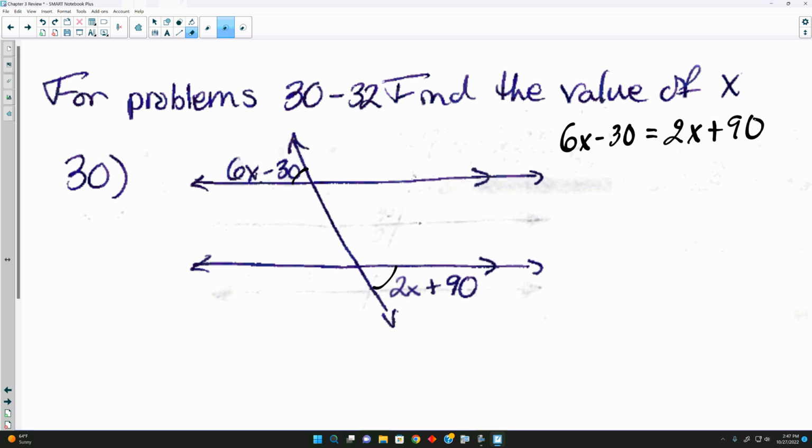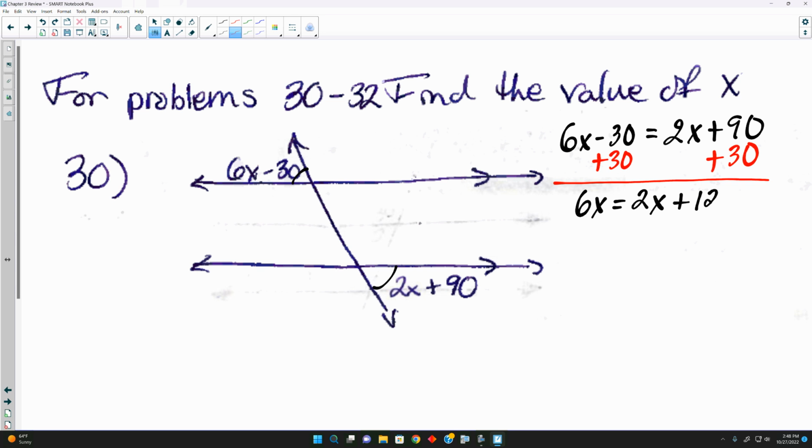Solve for the value of x. Yes, we can add 30 to both sides, which will tell us that 6x is equal to 2x plus 120. Then what can we do?